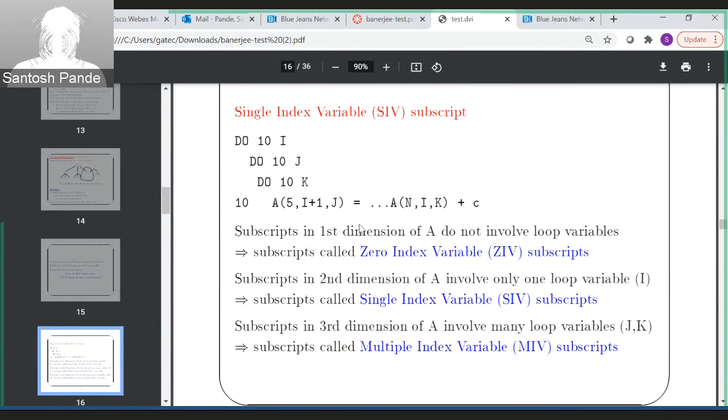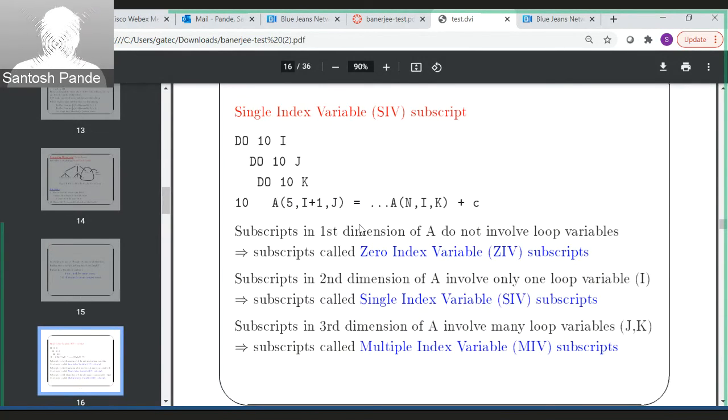So in that case, we'll have to move to the second dimension and try to see if we can prove that independence and so on. And if we cannot prove independence, we have to assume dependence, and we'll keep moving down. And in that process, we'll carry out what is called dimension by dimension testing.